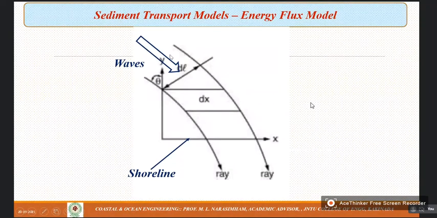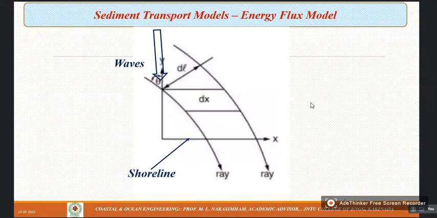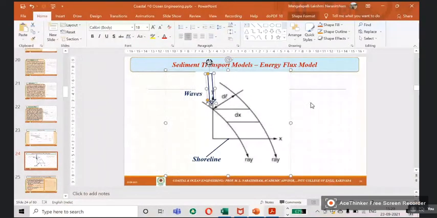So waves are coming not normal to the shore. This is normal to the shore. But actually, they are coming at an angle.